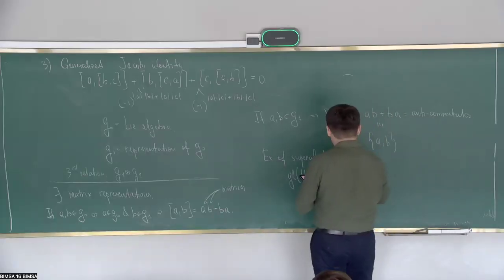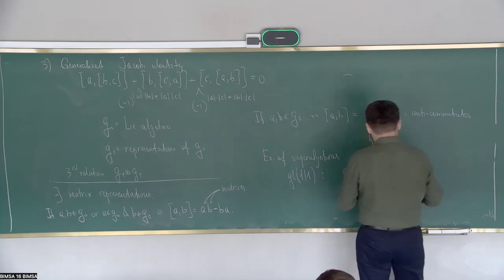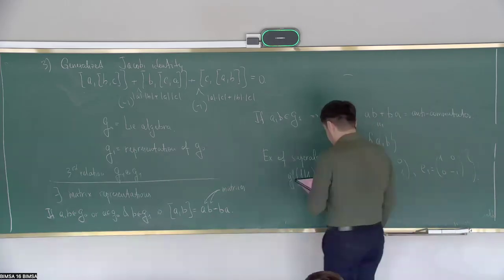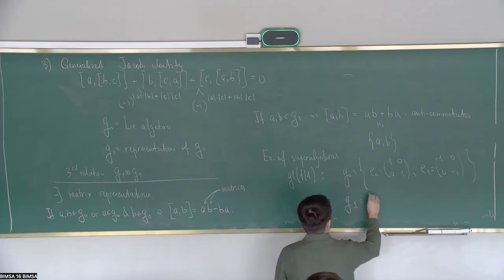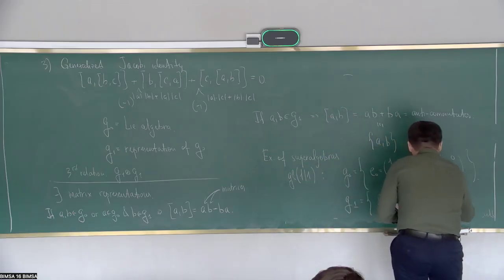G0 is spanned by the matrix E0, which is just the unit matrix, and the matrix E1, which is this. And G1 is spanned by F1, the matrix with 1 in the upper right corner, and F2, which has 1 in the lower left.